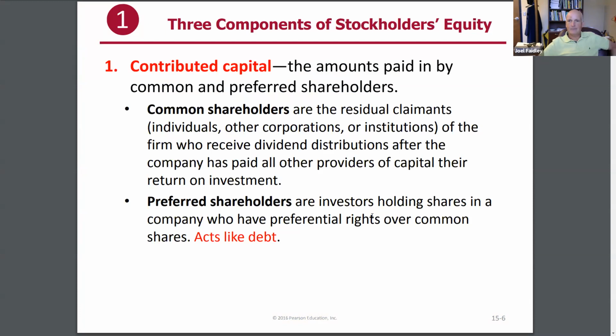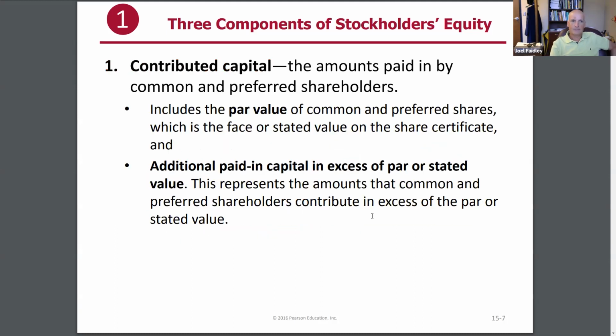But it acts like debt because it's usually dividend bearing, and it's usually stated as a percentage as far as what the dividends are that are paid out. Unlike debt, preferred stock that is sold doesn't have to be paid back to an individual that invests in your company. It is stock. Typically it doesn't go up in capital value like common stock does. Preferred, again, acts like debt even though it is equity.